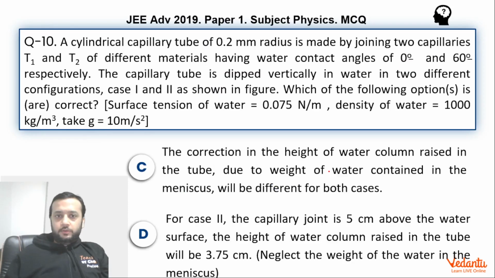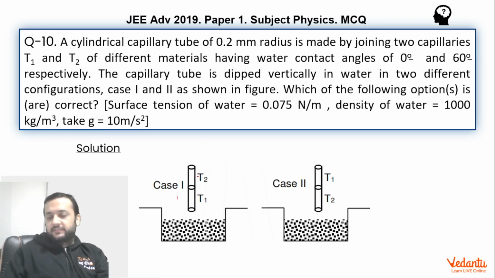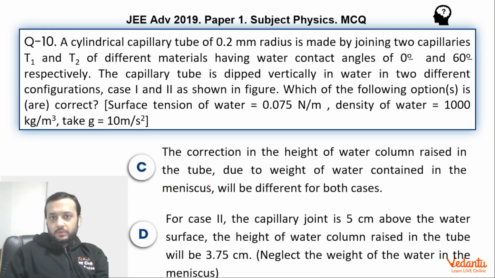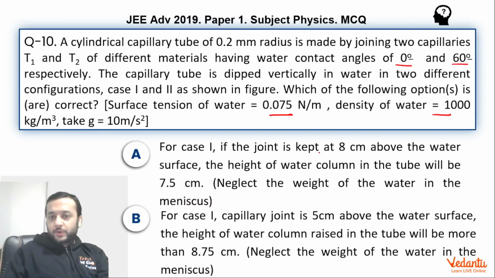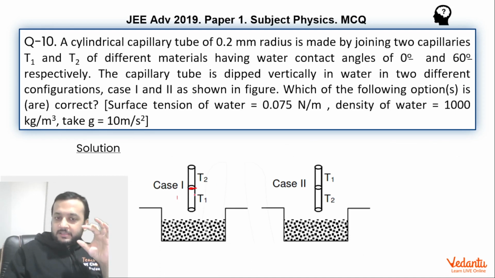So now let's go back to the options. For case 1, that means T2 is above, T1 is below. If the joint is kept 8 centimeter above the water surface, the height of the water column in the tube will be 7.5. Now it is pretty obvious, if you keep this joint 8 centimeter above the water surface, that means this T1 height is 8 centimeter.